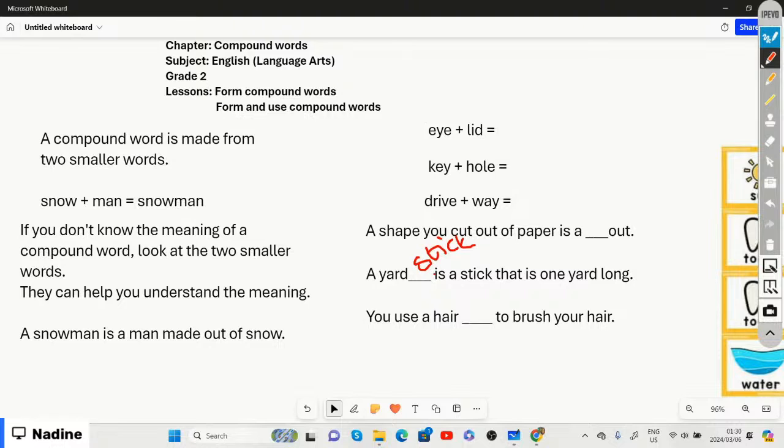We have door plus bell. Wonderful. Door plus bell.